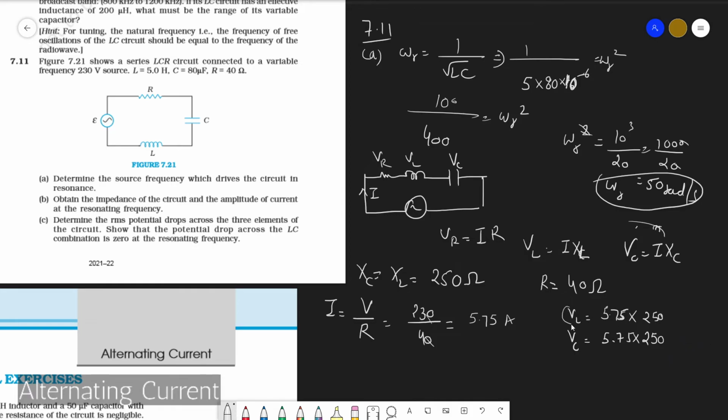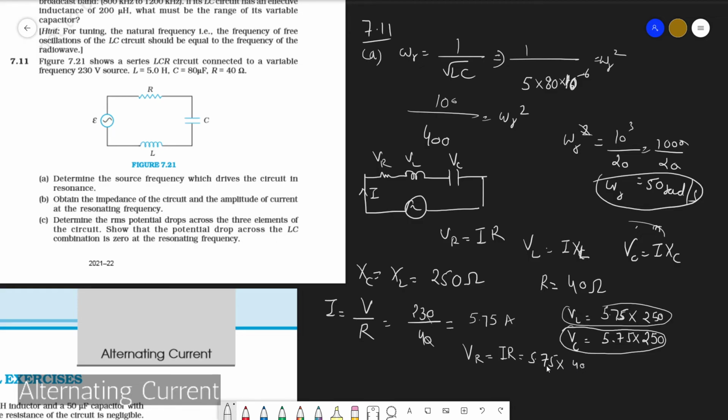So this is what you are going to get the value of this. And observe that the VL and VC magnitude are same. And VR you will be getting as I into R, which is equal to 5.75 into what is the resistance? Resistance is nothing but 40.